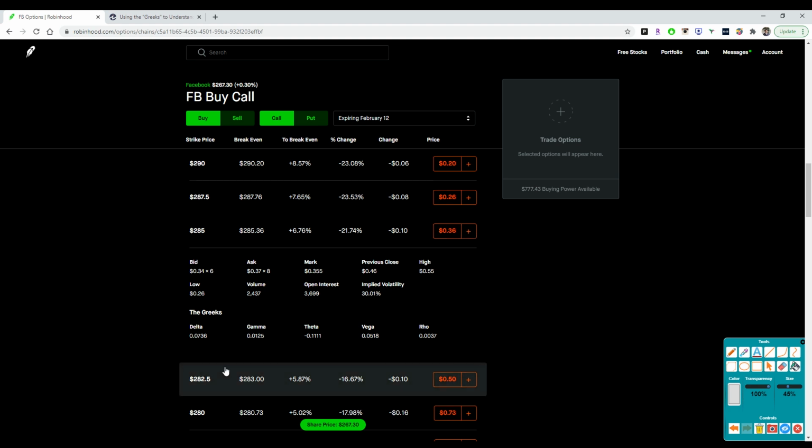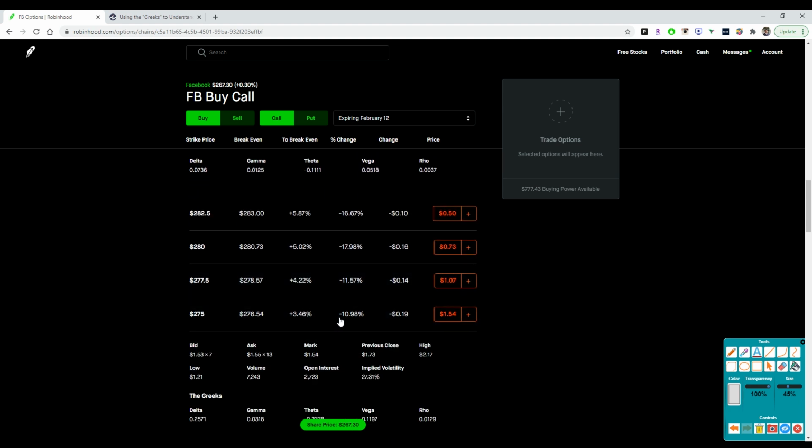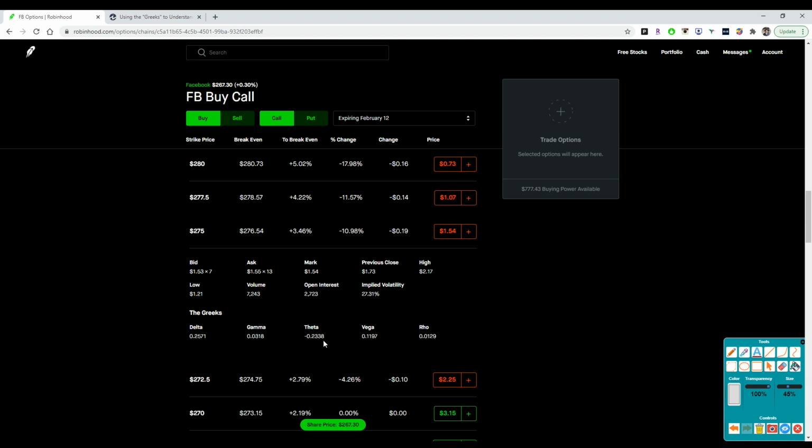Next, we're going to look at theta. Theta is also known as time decay. If the other factors, delta, gamma, vega, and rho, are constant and have no change, and Facebook opens up Monday at 267, theoretically this call will decrease in value by about 23 to 24 cents.